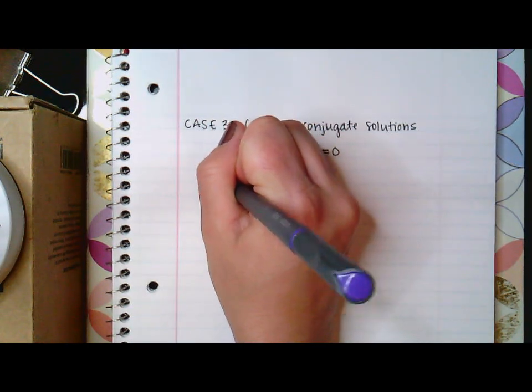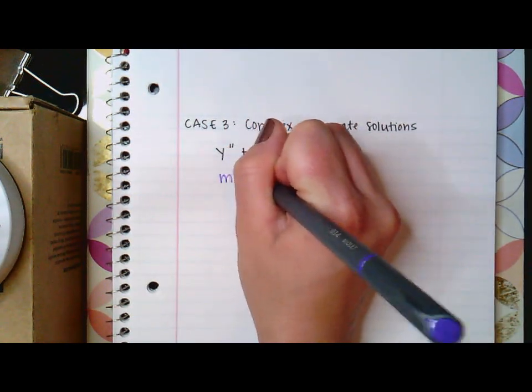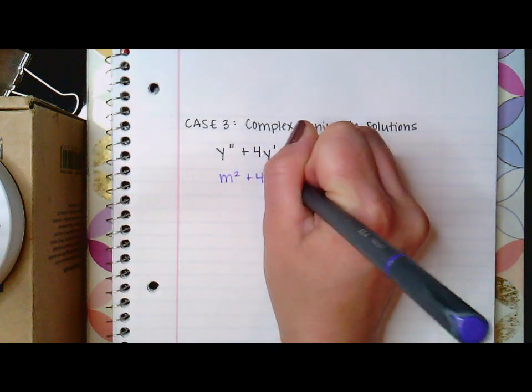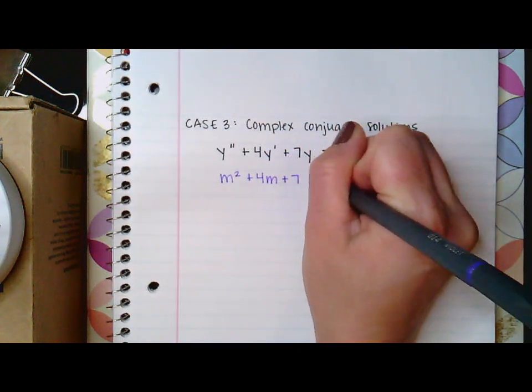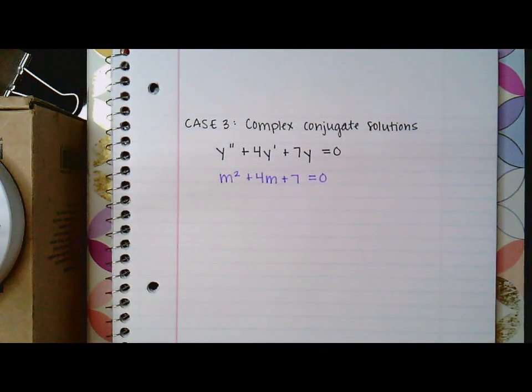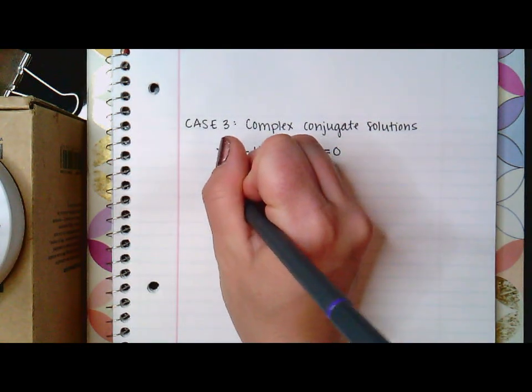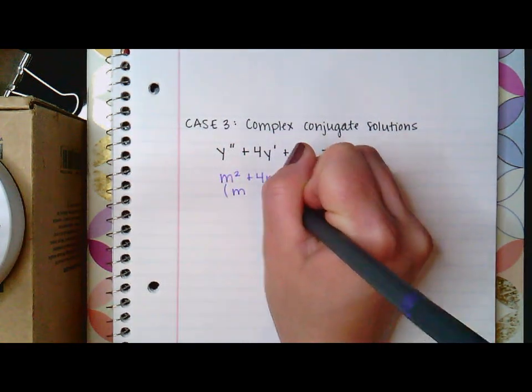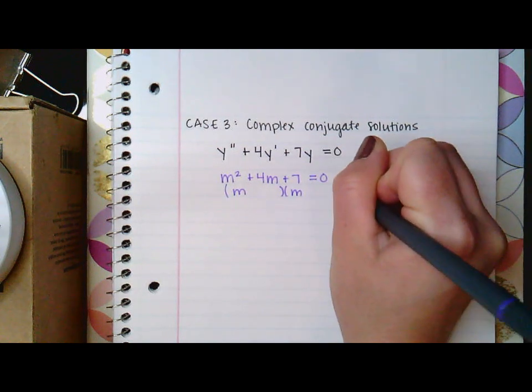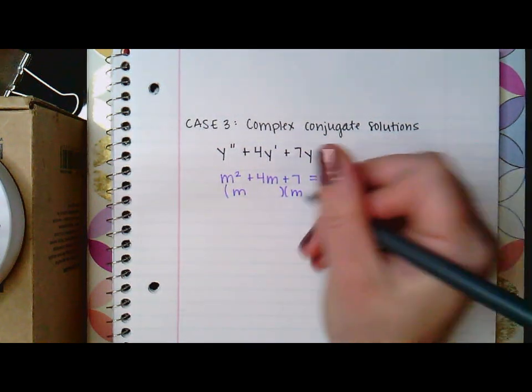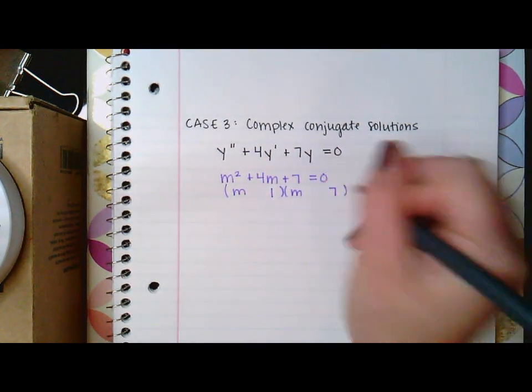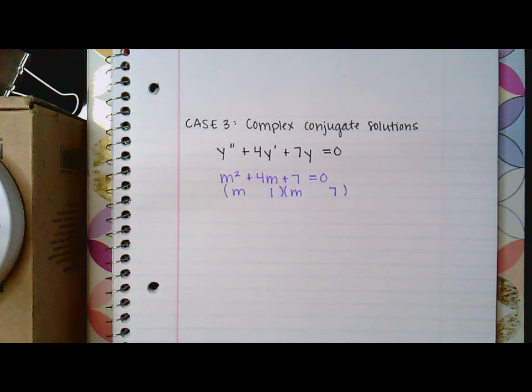My auxiliary equation would be m squared plus 4m plus 7 equals 0. And if I were to try to factor this, there is no combination of 1 and 7, positives or negatives, that are going to get me to 4.